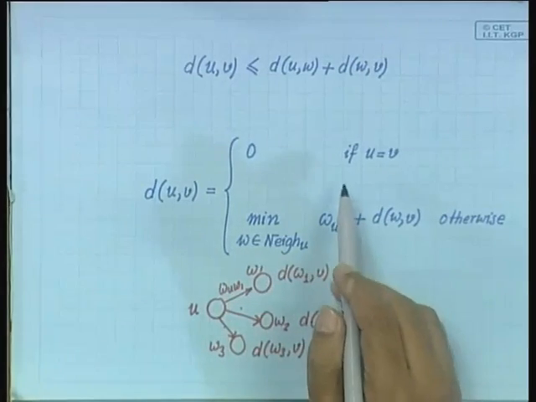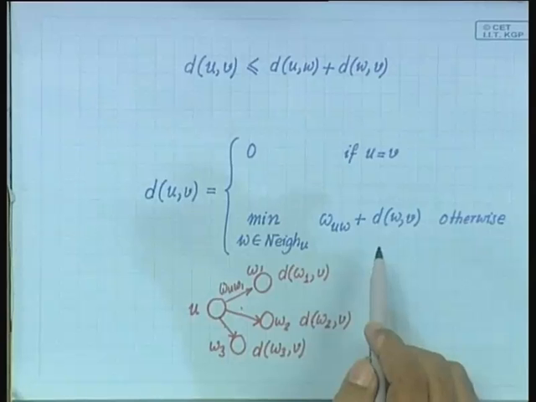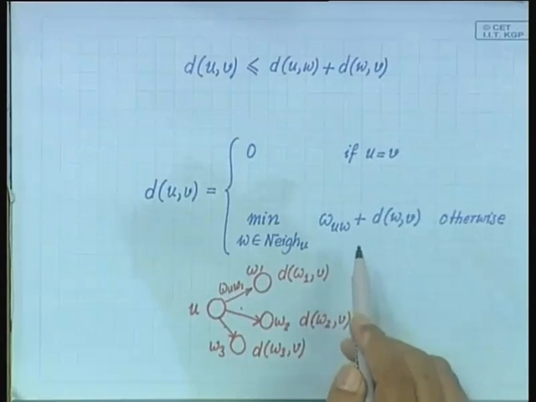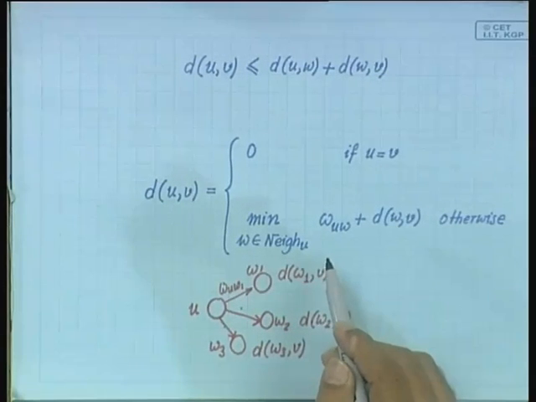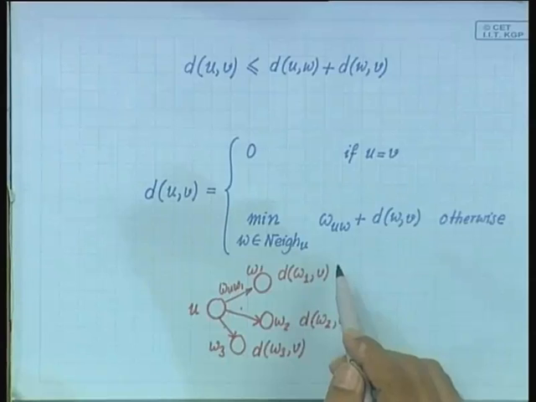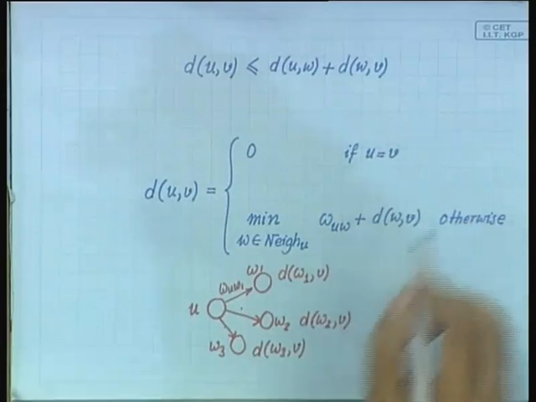So, we can make use of this to compute the routing tables using local information only. What does that mean?